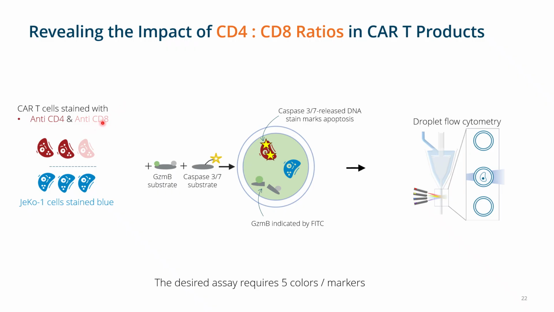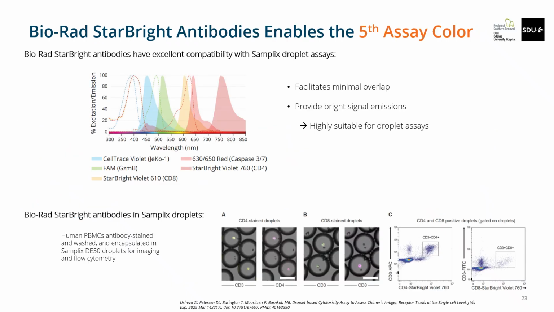And while this may seem relatively simple, it does, of course, increase the number of colors in the assay from 4 to 5, and that did turn out to have some challenges. At this point, we became aware of the StarBright dyes, and the ability to stain CD4 and CD8 became an opportunity here that we had to pursue.